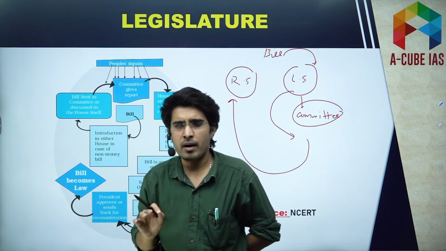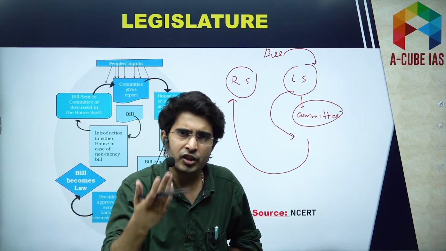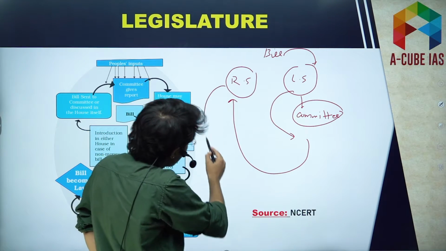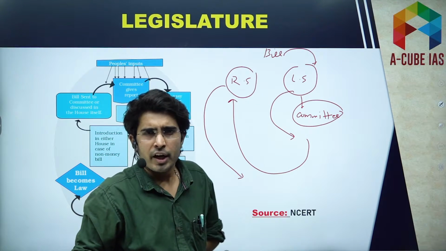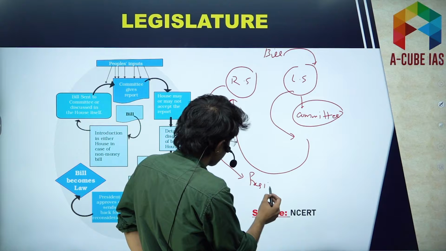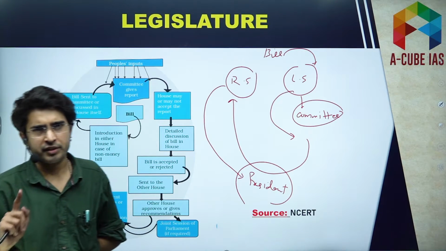Now Rajya Sabha can suggest the recommendations, can suggest the changes. Okay, and once this bill is passed by Rajya Sabha, it goes to President. President has two choices.